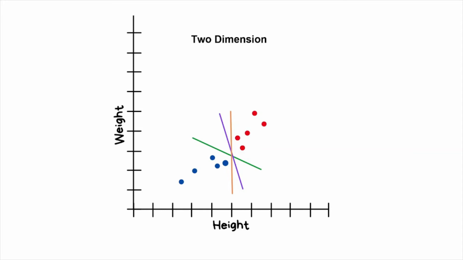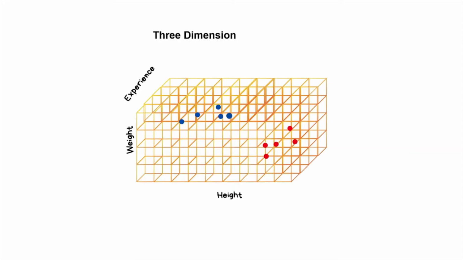But the problem is that now we are not able to decide which of the boundaries efficiently separates adults from children. There are many decision boundaries which classify adults from children. Again, if we consider another feature, let's say experience, which we measure on the scale of 10, then we get a graph which looks like this. Now you got the problem.